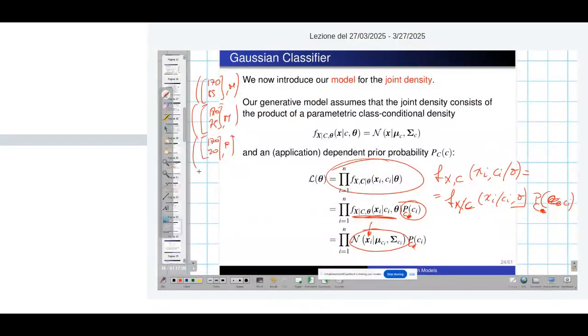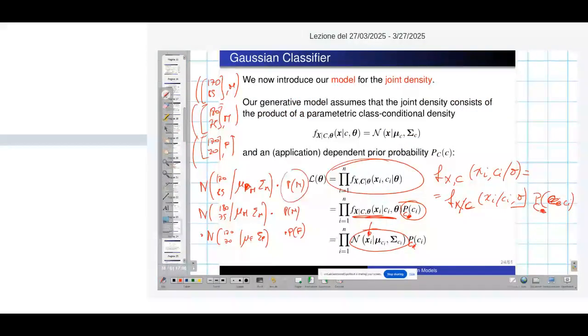My likelihood would be a Gaussian computed in (170, 85) using the male parameters times a Gaussian in (180, 75) using again the male parameters times a Gaussian (170, 70) using the female parameters. And then we said times the prior probability of male, but these do not depend on the parameters, so we will see that these values actually will not influence our estimate because they do not depend on theta.